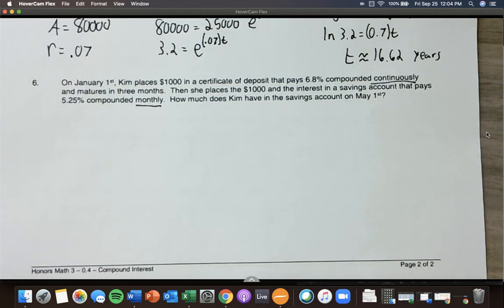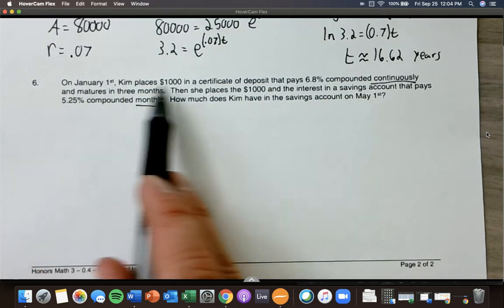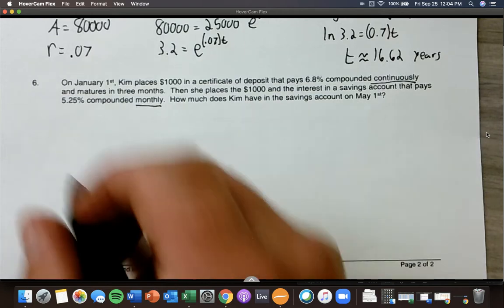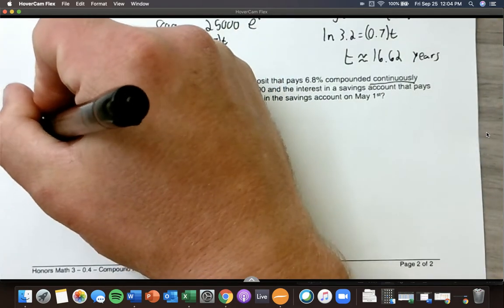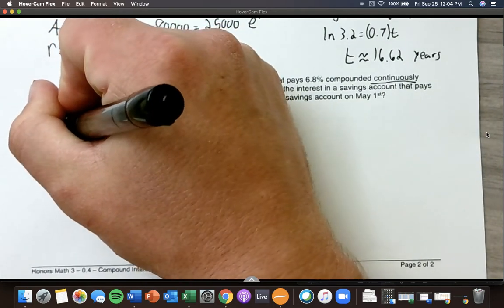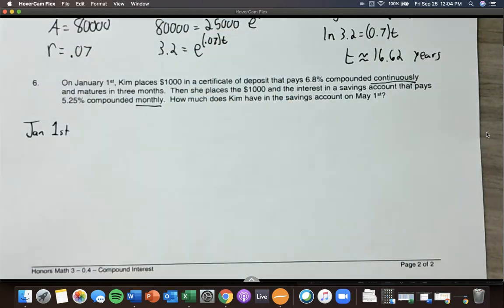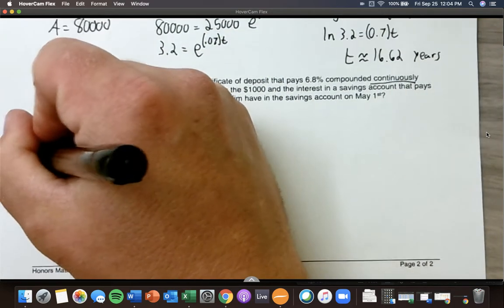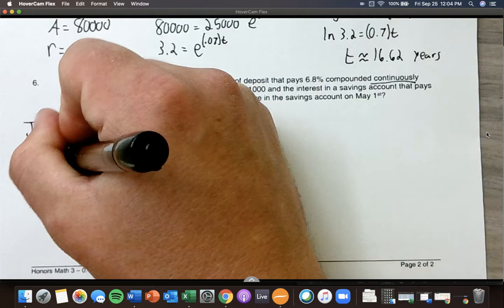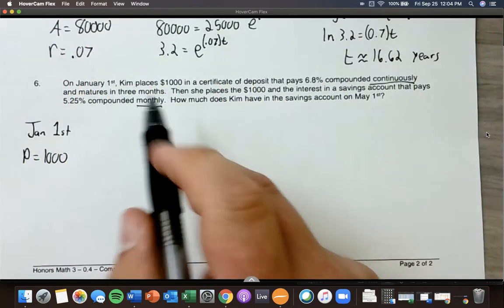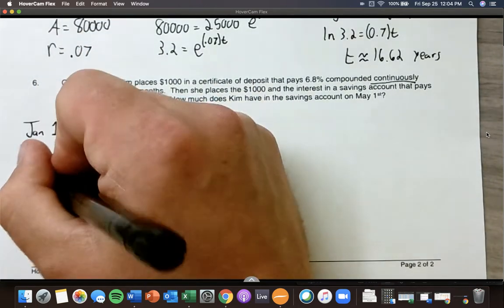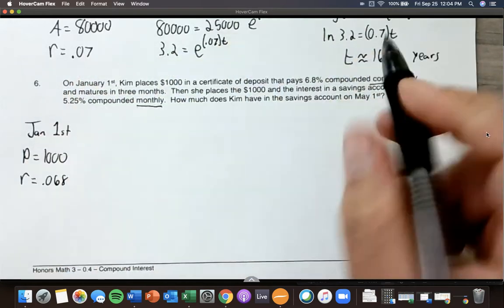So the first thing we have to do is figure out how much she has in the certificate of deposit. So on January 1st, the principal is 1,000. The rate is 0.068.